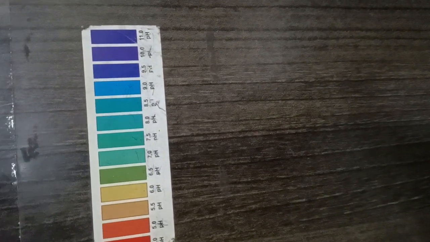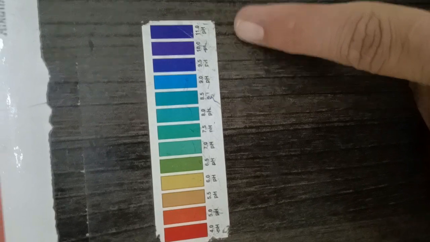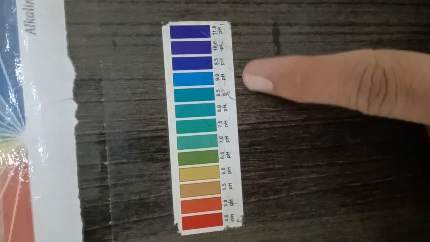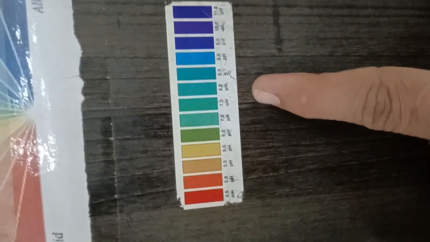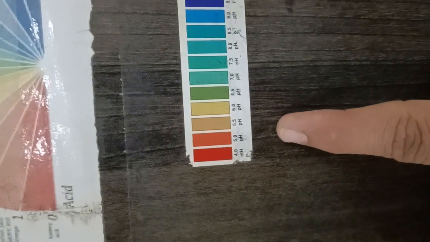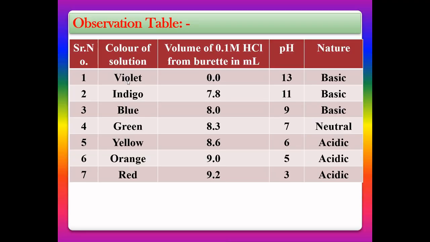The pH scale is given here, so we can note from this: indigo is 10, this is violet, then indigo, then blue, then green to 7, then yellow to 6, orange to 5, and 4 to red. So what we observe is that the violet color of the NaOH solution has a pH of 13.